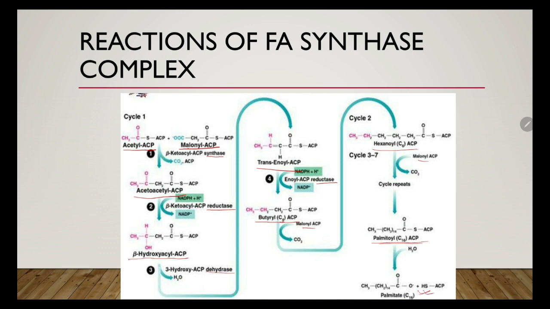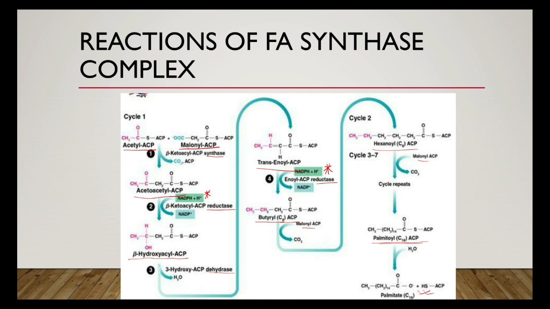Now there are two places where NADPH plus H plus is used. First is the beta-ketoacyl ACP reductase stage, where there is conversion from acetoacetyl ACP to beta-hydroxyacyl ACP. Second stage is trans-enoyl ACP to butyryl ACP.